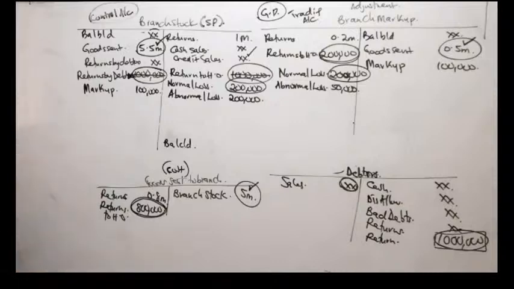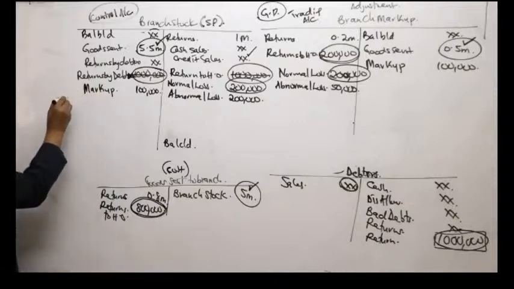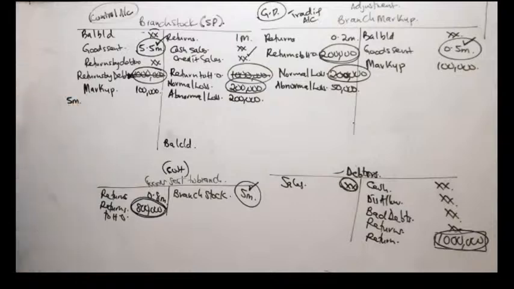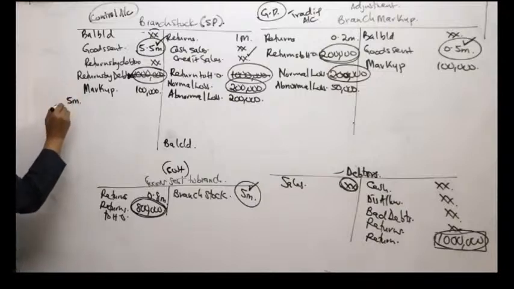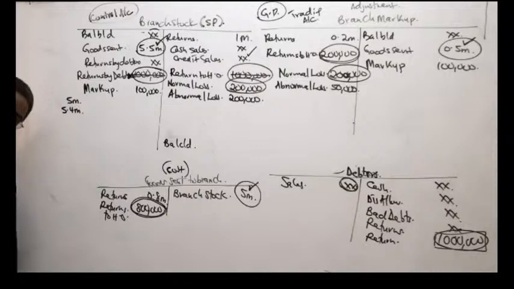The other way is, what if these goods had cost again 5 million? You were to charge them 5.4 million. That's how you are to invoice the branch.